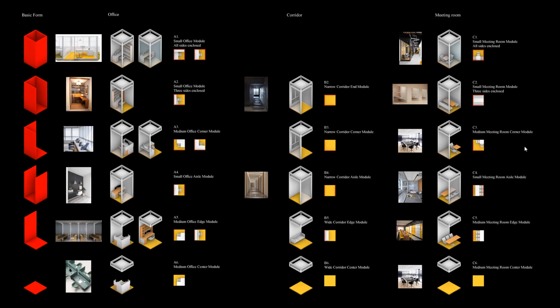The models are divided into 6 different degrees on the left. The first one is a fully enclosed space, then a 3-sided enclosed space, the corner and the corridor like 2-sided enclosed space, the 1-side edge space, and the unenclosed central space.